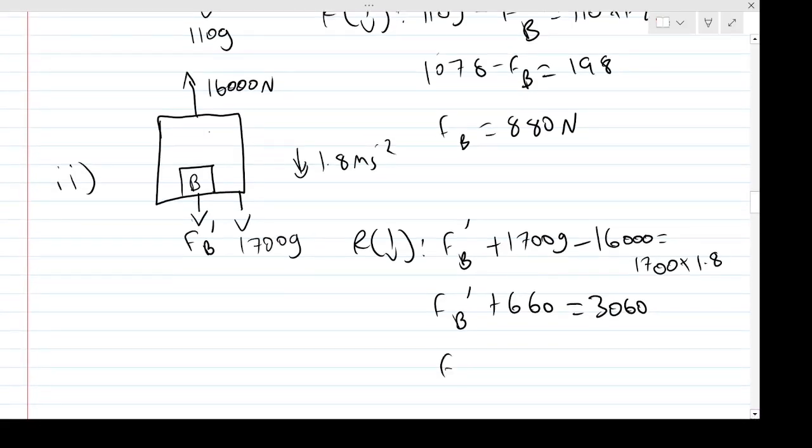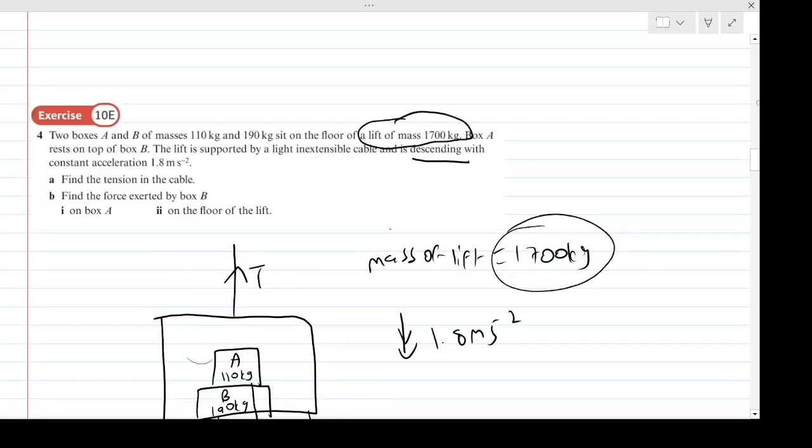So then F B prime, if I subtract 660, I get 2,400 newtons there. And that is the force created or imposed by B onto the scale pan, onto the lift. I keep mixing the questions up. So that is the force exerted by B onto the floor of the lift there.